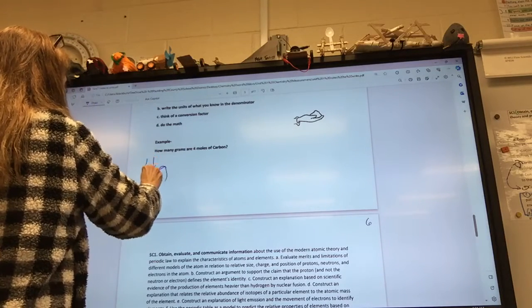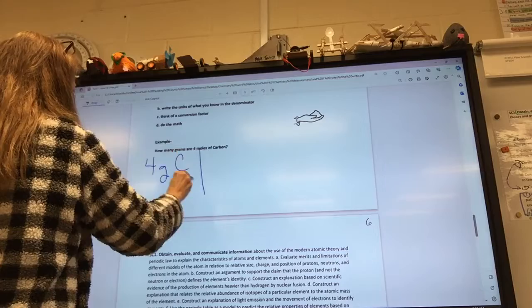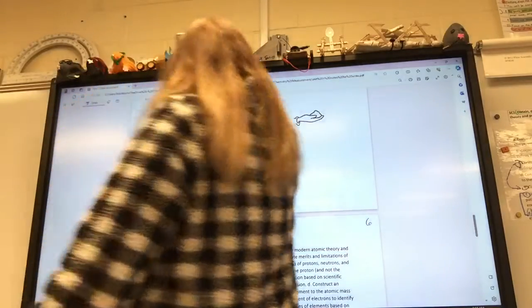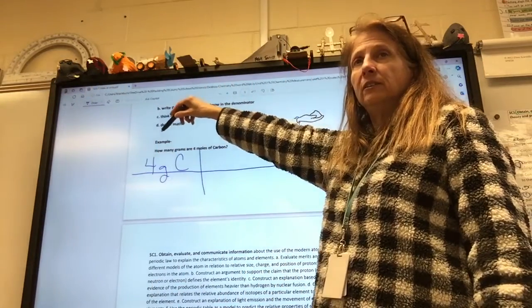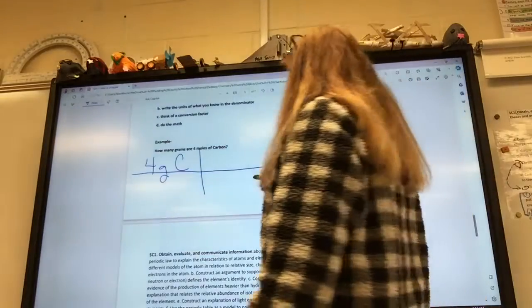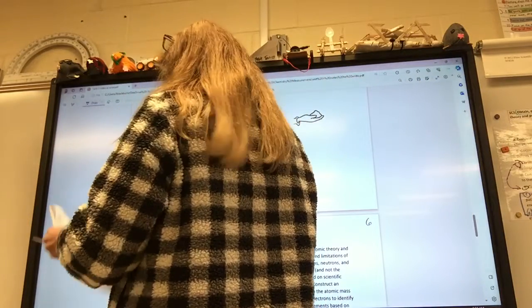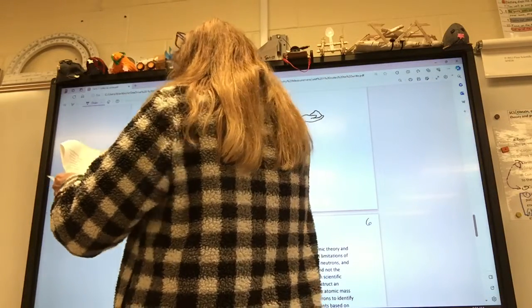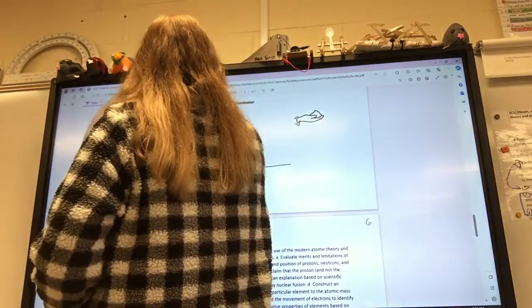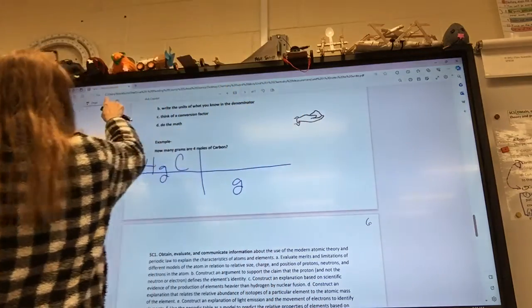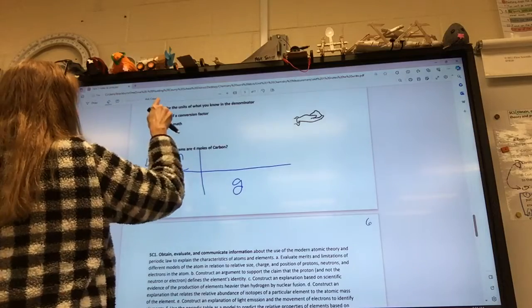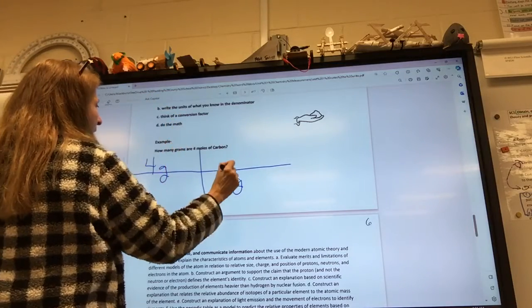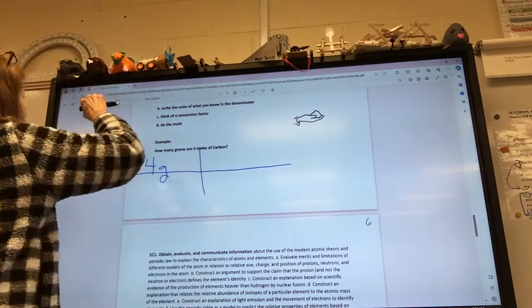4 grams of carbon. Okay, what happens to the units? Goes down, right? Let me see here. Oh, how many grams? I did the wrong thing. Y'all ignore that for a second. Okay, at least I caught it.